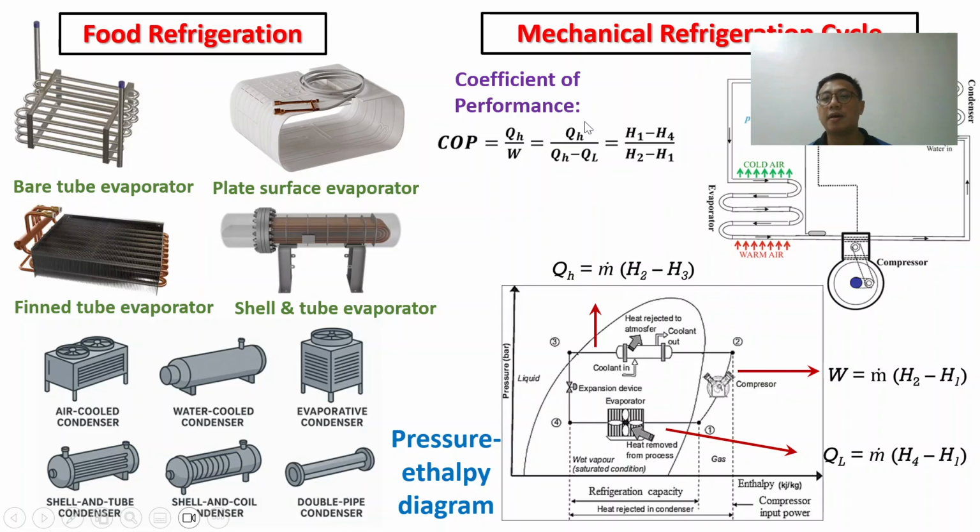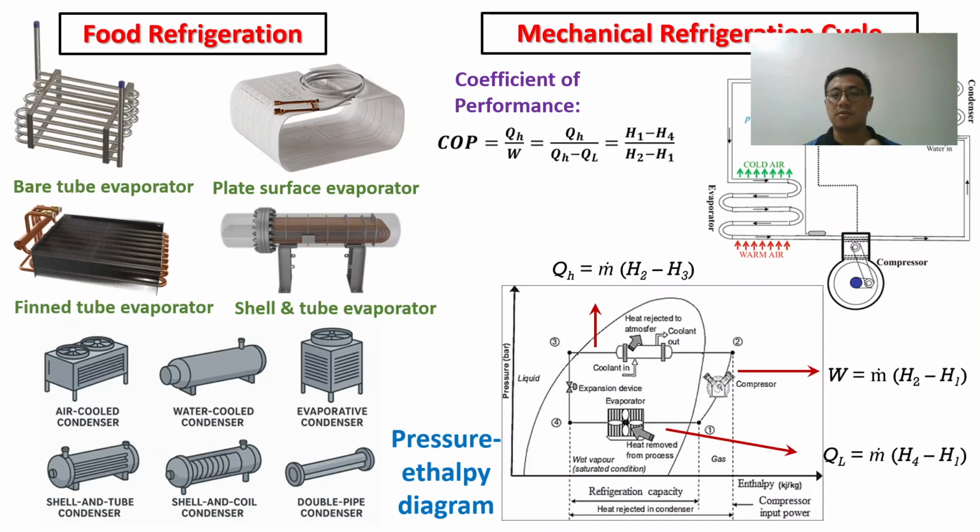Or it can be QH over QH minus QL. Or we can just directly use the enthalpy of point 1 minus 4 over point 2 minus 1. Okay, so this one will give us the coefficient of performance, right? So the higher the coefficient, the better the performance, right?